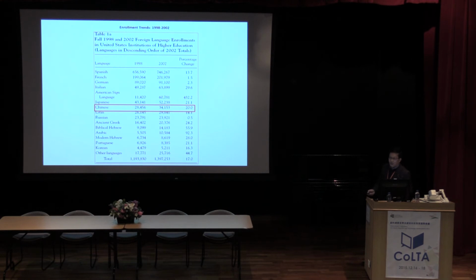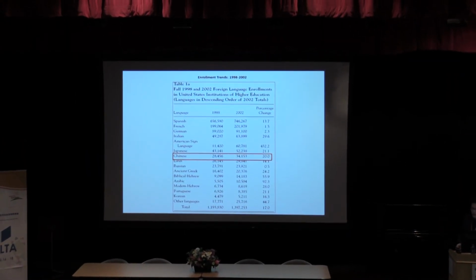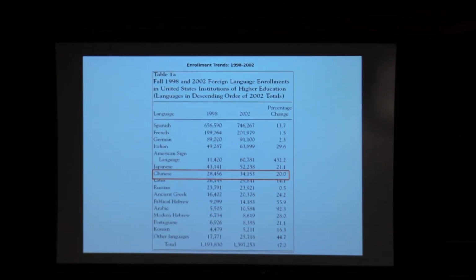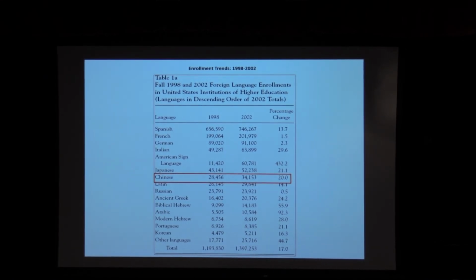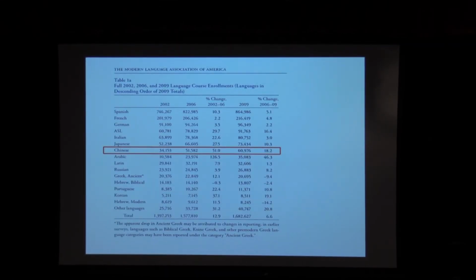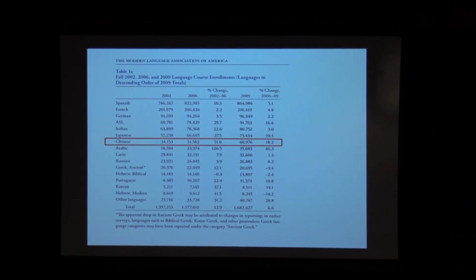Sounds like a lot, but if you look at other languages, Spanish is 746,000, and Italian 63,000, and Japanese has many more students enrolled than Chinese. That was 2002, now we are in 2015. What about some recent figures?